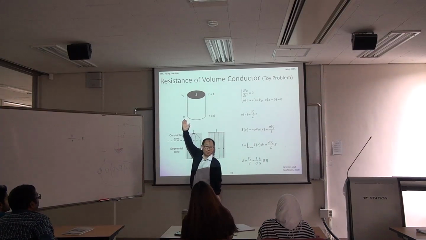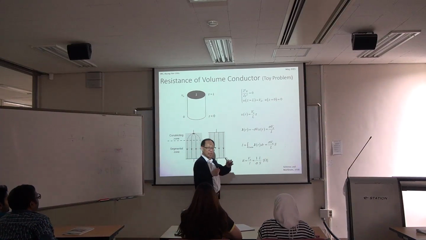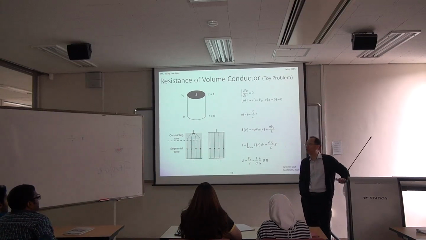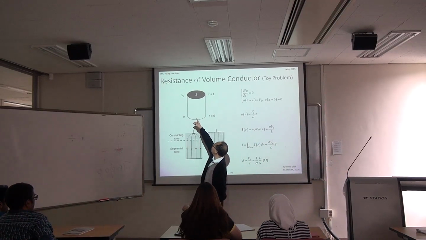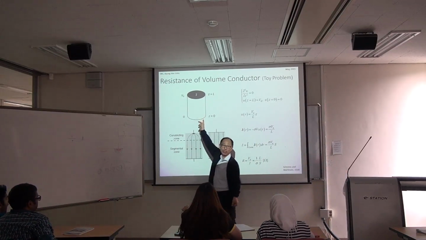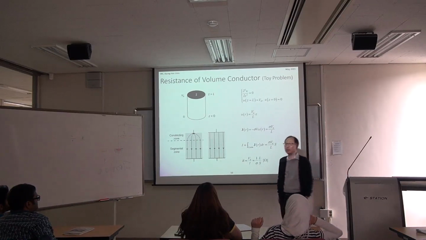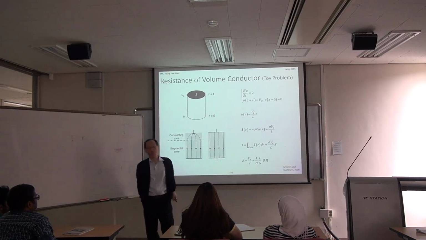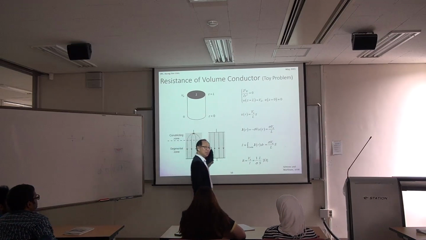The bottom electrode is grounded, not really grounded, but treated as a ground point or voltage reference point. And we applied V0 volts to the top electrode. Now I want you to find out the current density distribution and voltage distribution inside this cylinder. How do you find it?